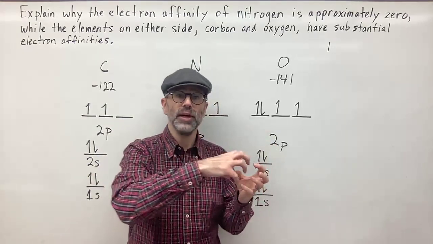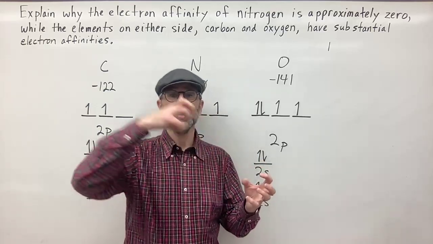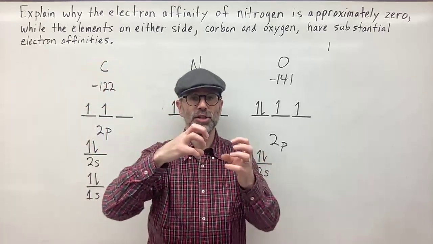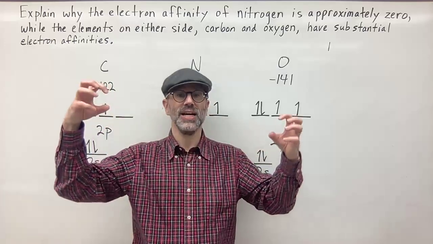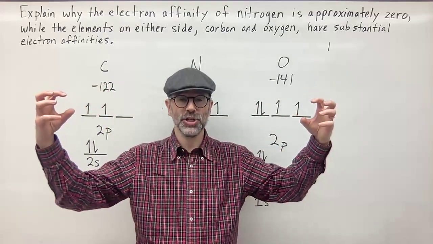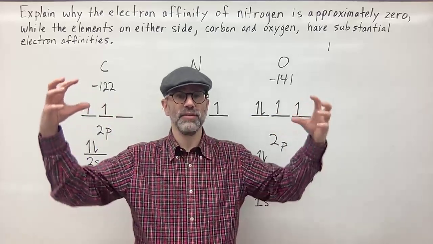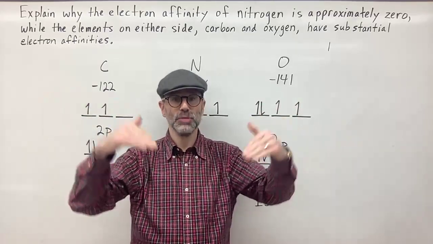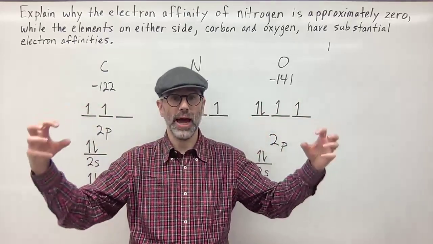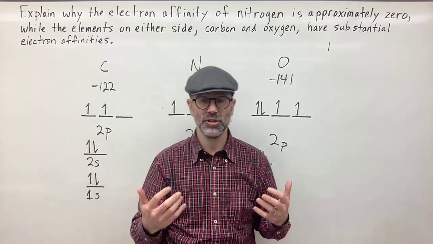When you're removing an electron from an atom, you're increasing the potential energy, because you're increasing the distance between them. Increasing the potential energy of the atom means that energy was put in to do that. And so you're going to get a positive value for the ionization energy.